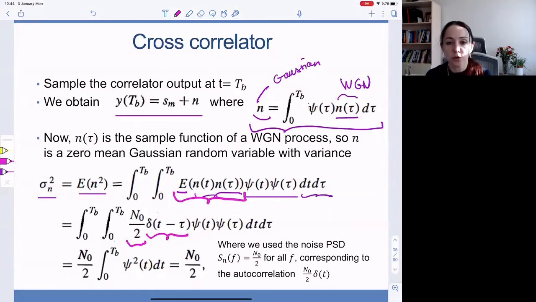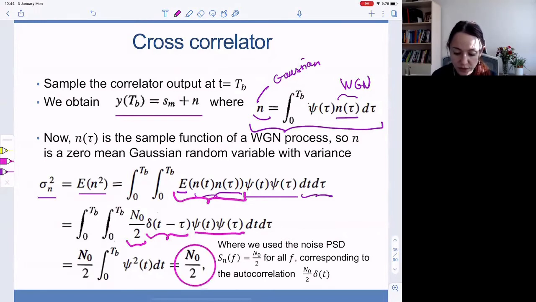So the corresponding autocorrelation is N0 over 2 times delta(t minus tau). Okay, so then we use the shifting property of the delta function to find that this integral is equal to N0 over 2. Isn't this fascinating?